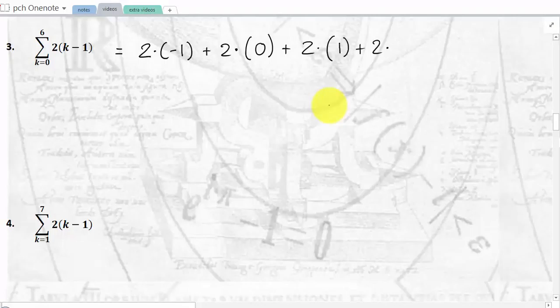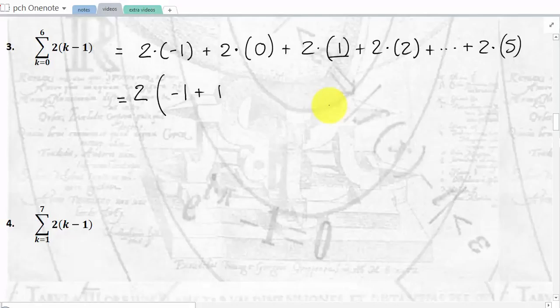Plus 2 times, k equals 3, 3 minus 1, 2. Plus, okay, I think I know what's going on. The next one will be 2 times 3, and the last one will be 2 times, k equals 6, so 6 minus 1, 5. Let's factor 2 out. It's 2 times, so negative 1 plus, the 0, of course, I'm not going to write it.